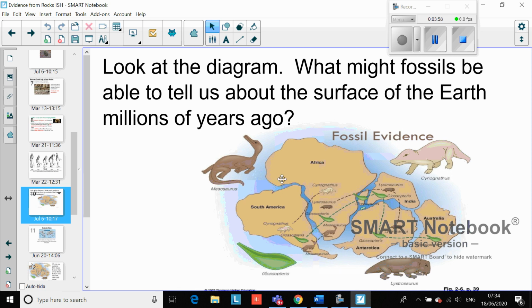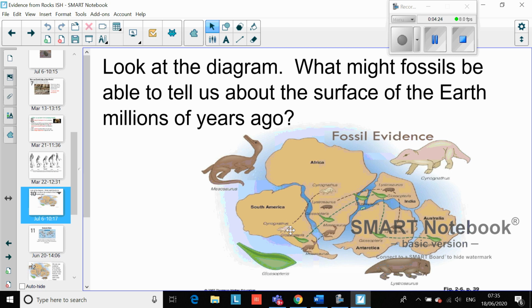We think that the continents at one point in history were all together. Now, there is evidence for this, not only the very obvious shape that Africa and South America seem to fit quite closely together, and that's true of other continents, but also we find similar fossils separated by what are now huge oceans.